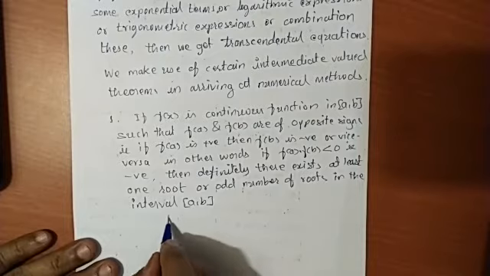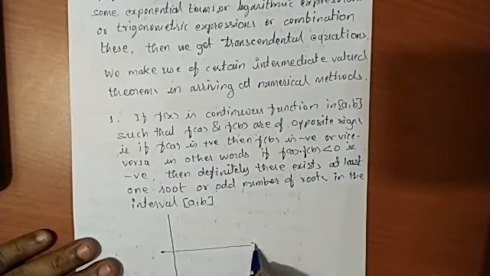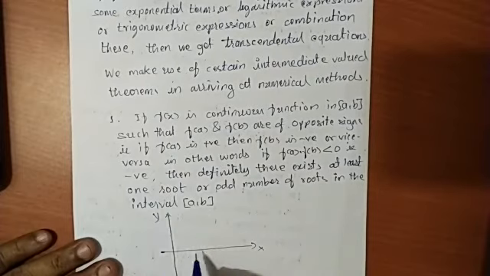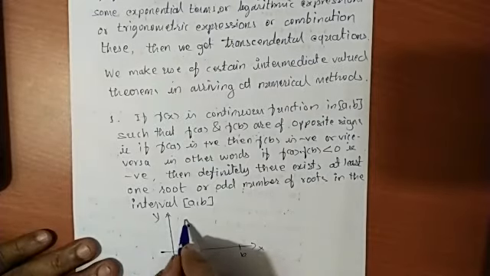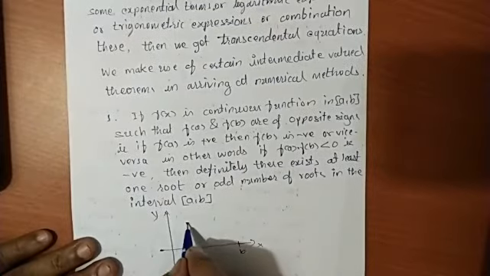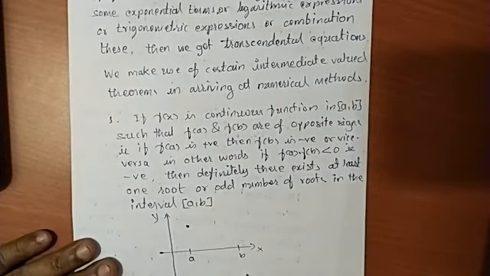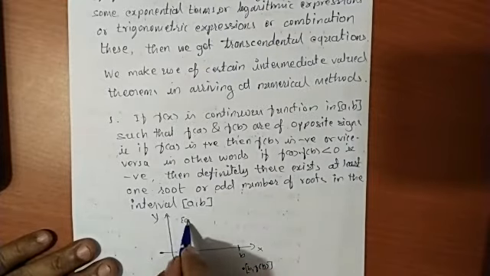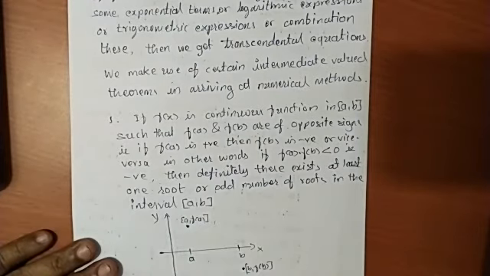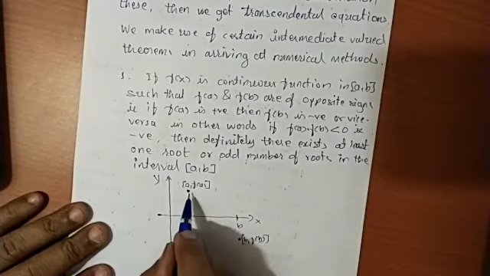See, for example, I consider the function. This is the x-axis, this is the y-axis. This point is A, this point is B, so this is my interval. This is f of A, and this point lies above the x-axis. I assume f of A to be positive. Then at B, f of B lies below the x-axis.